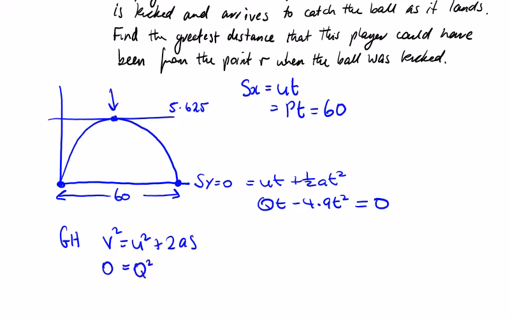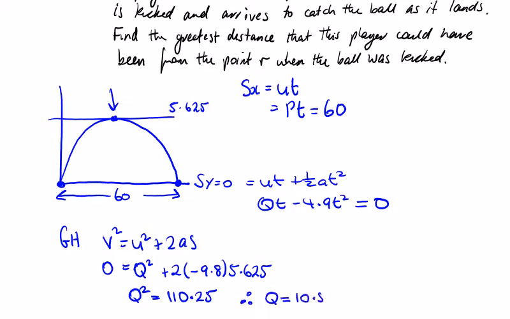And I have my greatest height, so I have plus twice minus 9.8 by my displacement, which is 5.625. So this works out to be q squared is equal to 2 by 9.8 by 5.625, which is 110.25. So the square root of that is 10.5. So Q is 10.5.